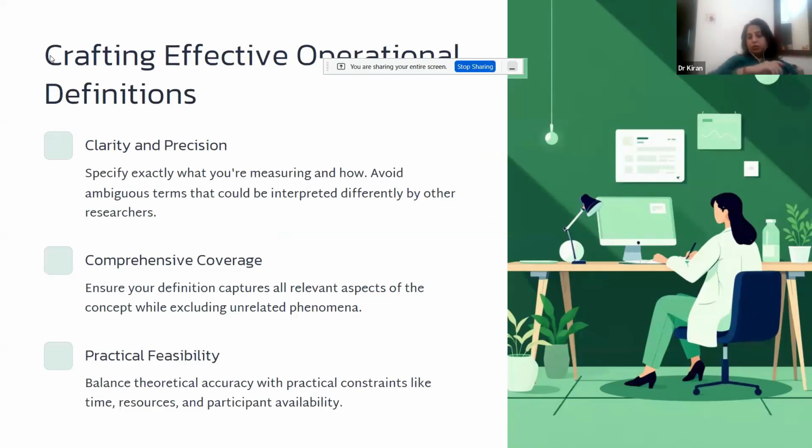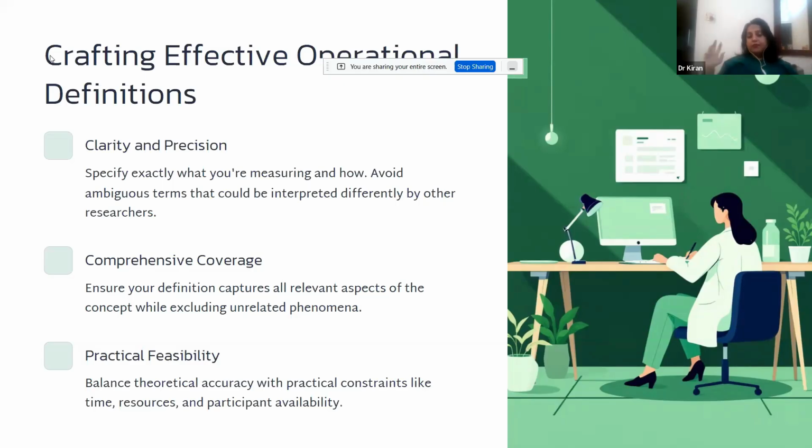First, your variables have to be clear and precise. When I say clear and precise, the measurement should be obvious through your operationalization, and no ambiguous terms should be there in your statements or definition.